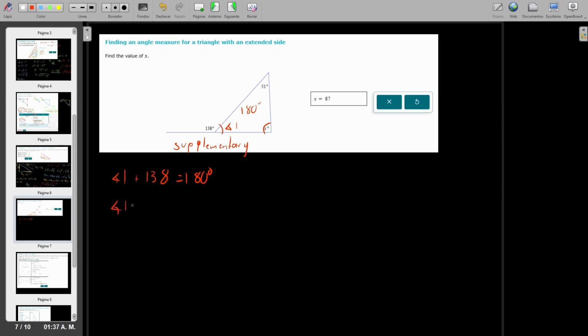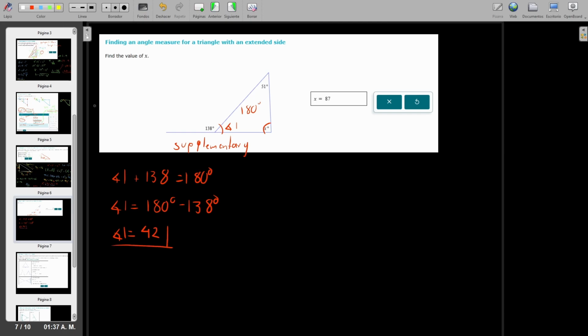Now angle 1 is going to give us 180 degrees minus 138. Angle 1 is 42.